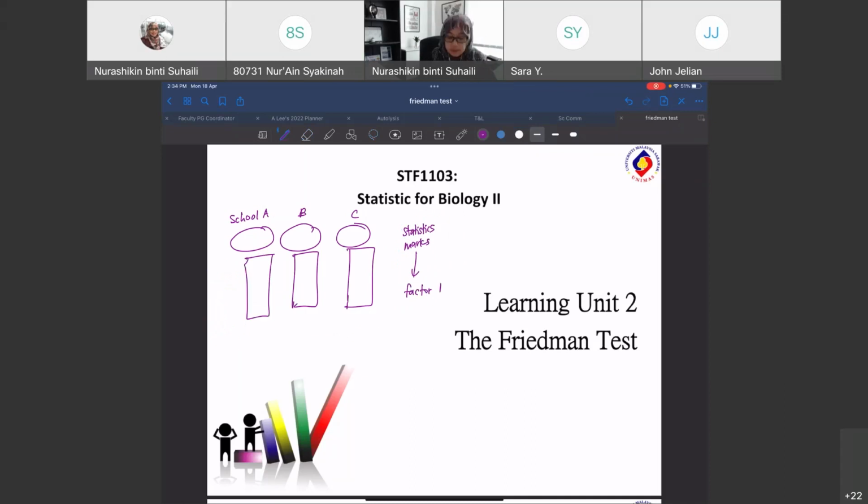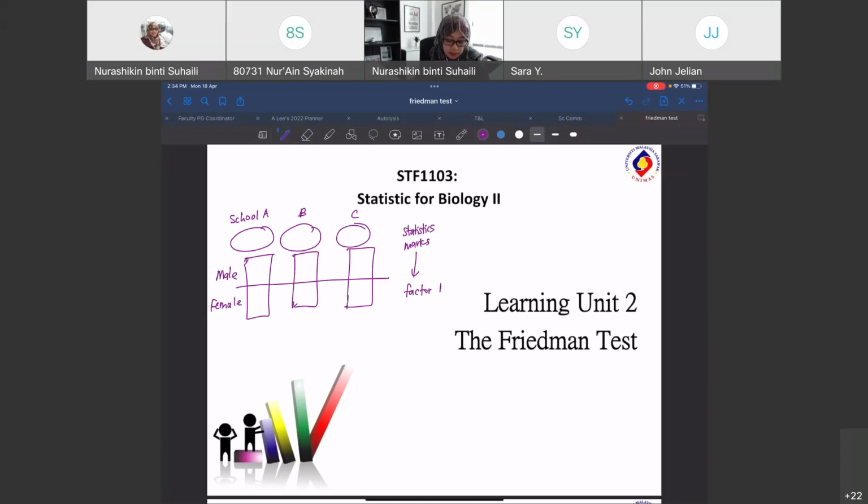This is factor one. Another thing we want to compare is how the male and female students across the groups perform in statistics.